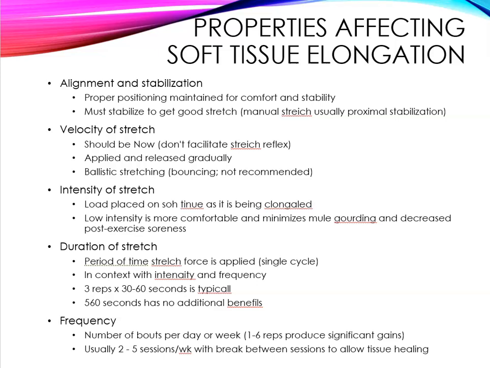There are 4 broad categories of stretching exercise, which would be static stretching, cyclic or intermittent stretching, ballistic stretching, and stretching techniques based on the principles of PNF. Each of these forms of stretching is effective in elongating tissue and increasing range of motion.